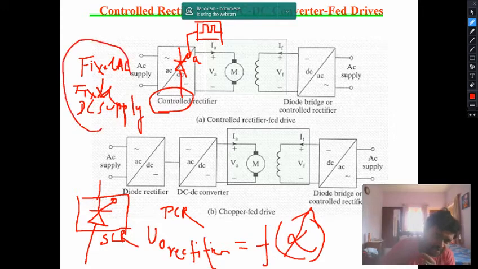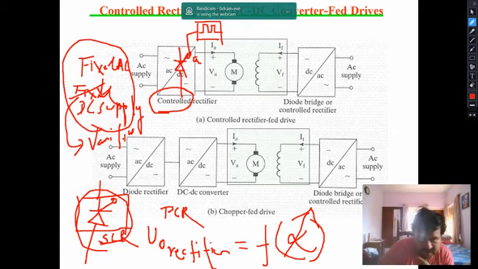But here you are making this fixed DC variable with the help of your SCRs, or rather, if it is full wave, an SCR bridge.